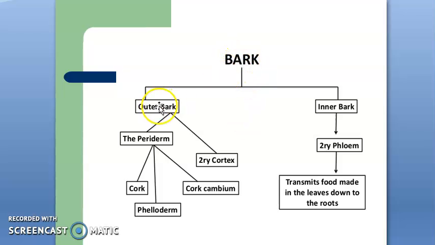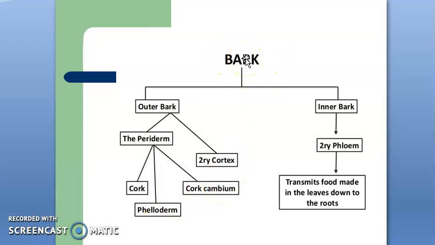So bark is of two types, outer bark and inner bark. Inner bark consists of secondary phloem which transmits food made in the leaves down to the roots. In case of outer bark, it is the periderm and secondary cortex. The periderm consists of three layers, that is cork, phelloderm and cork cambium. So this is very important.